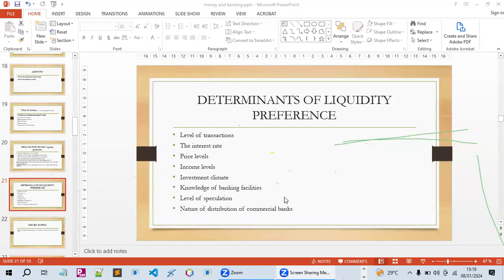Therefore, they would prefer to keep their money in the banks rather than hold it as cash. However, the ignorance of people about banking facilities leads to a high demand for money because it makes people hold their cash, especially when they feel that they have to go through the hassle to bank or to withdraw their money. That's a high liquidity preference.